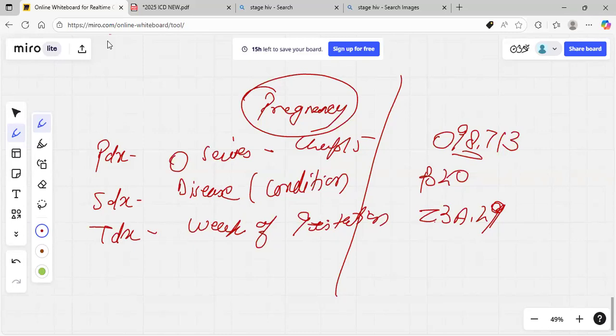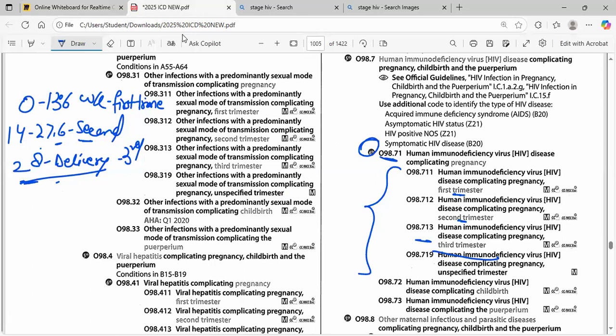Our pregnancy codes are divided into parts based on the trimester, and the trimester is based on the weeks of gestation. I'm going to send one question related to this. We will do that question first, then we will move further.